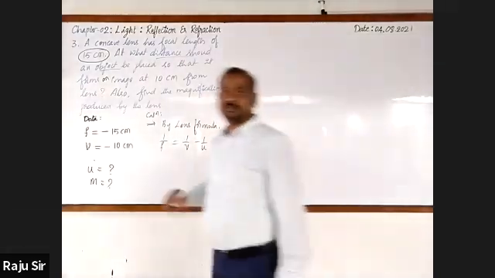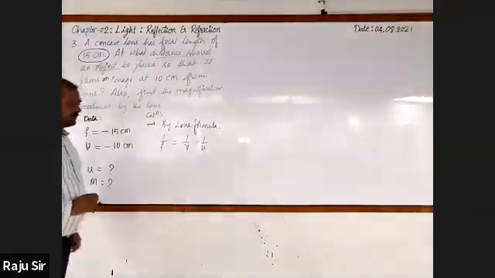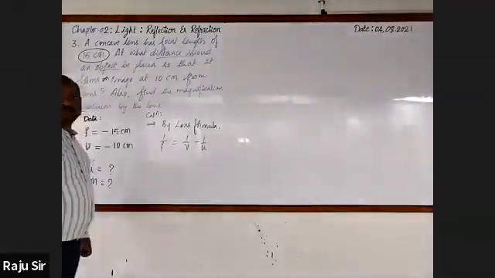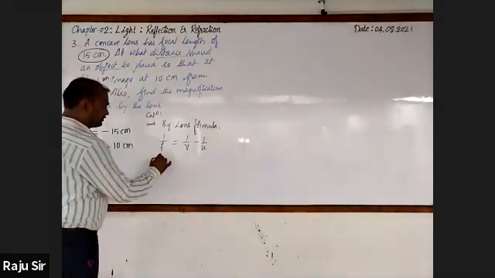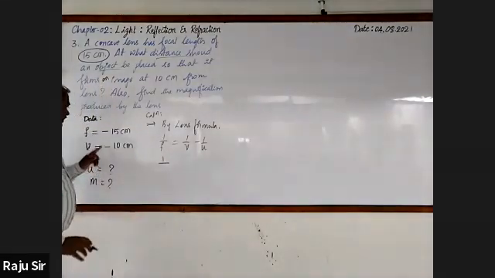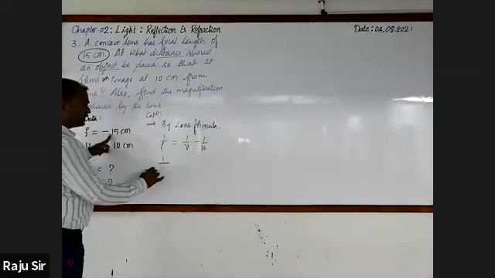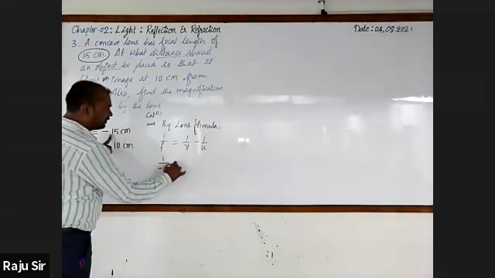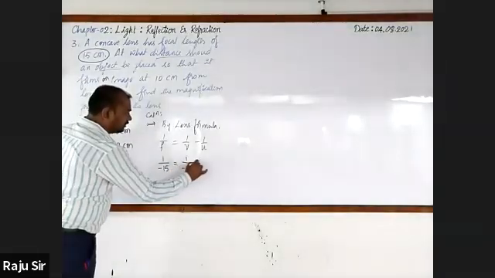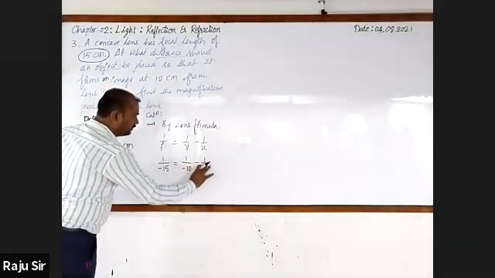Now substitute. 1 by V equals 1 by U plus 1 by f, so 1 by V is negative 10, minus 1 by U, and f is negative 15.